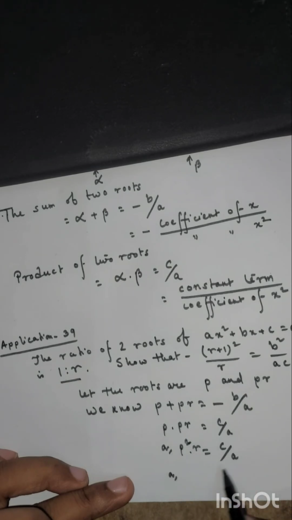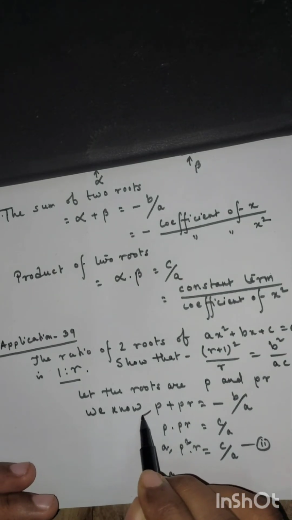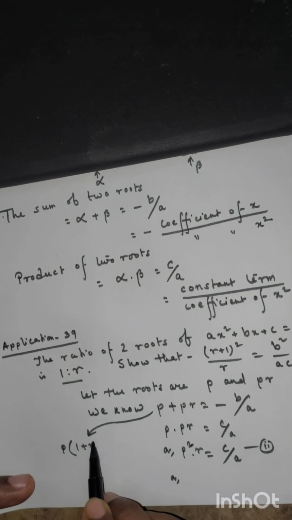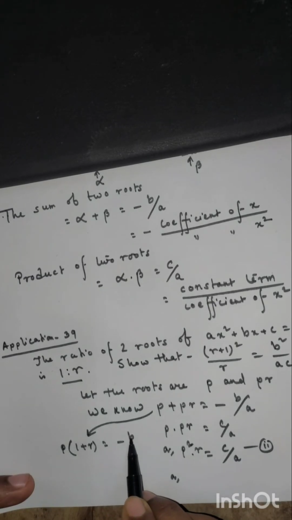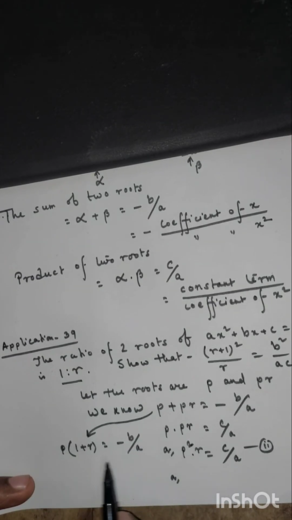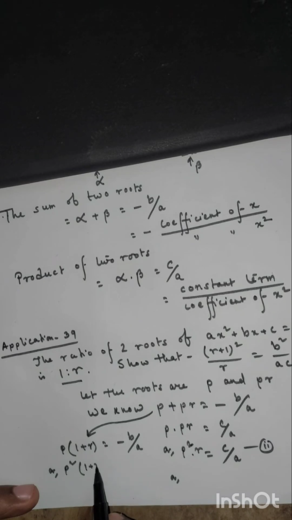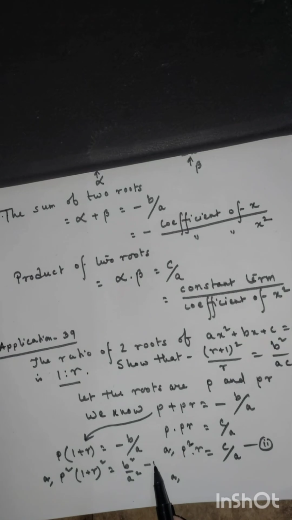This is equation 2, let us call it. Now let us modify this equation. Take p common, so it becomes 1 plus r equal to minus b by a. Now if we square both sides of the equation, we get b square by a square. So let us say this is equation 1.